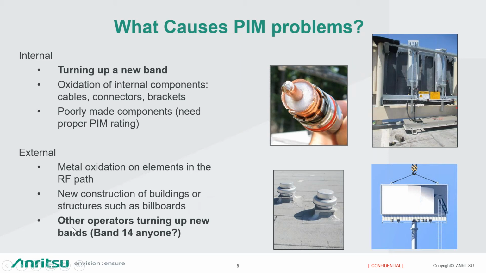Or other operators turning up new bands. Anybody encounter any problems with band 14 in the US? It happens. And when you get new bands out in the environment, especially if it's another operator, you've got some problems to try and solve.